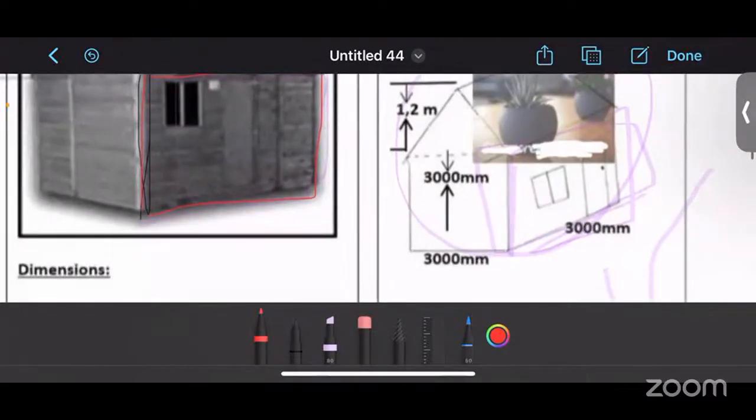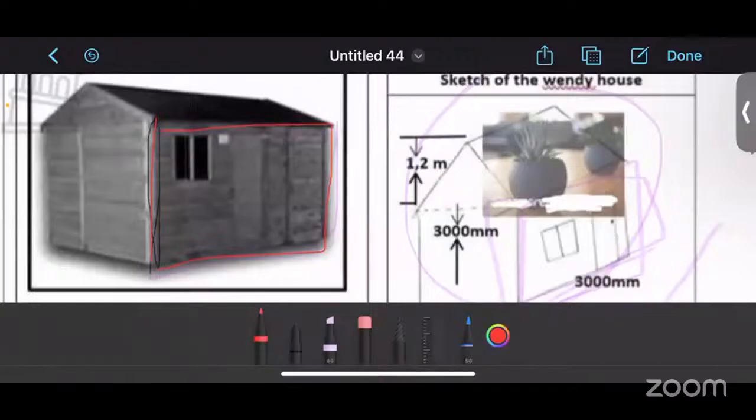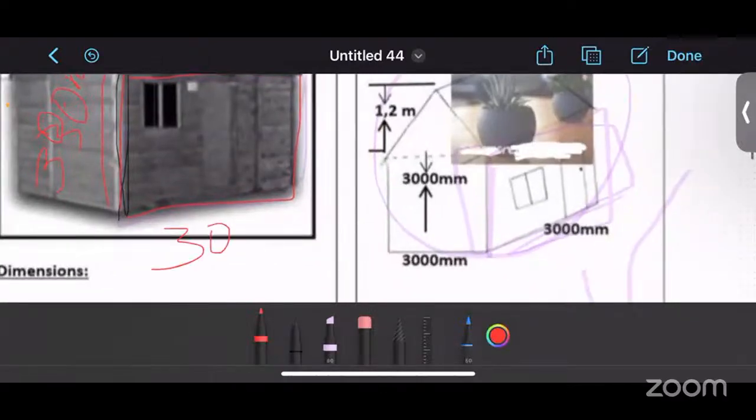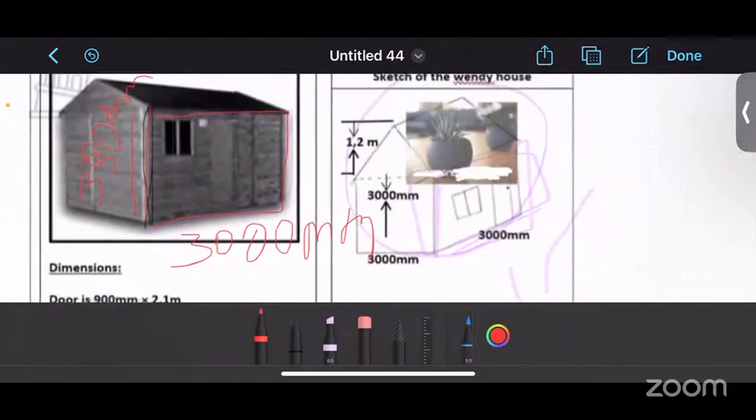So if you look at the dimensions, they're saying that from here to here is what? It's 3,000 millimeters. And then again, they're saying even the side is 3,000 millimeters. So what shape is this? A shape with equal sides.